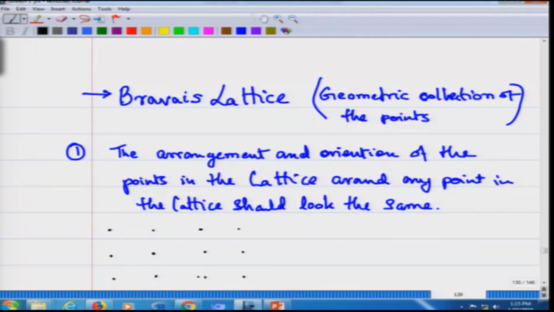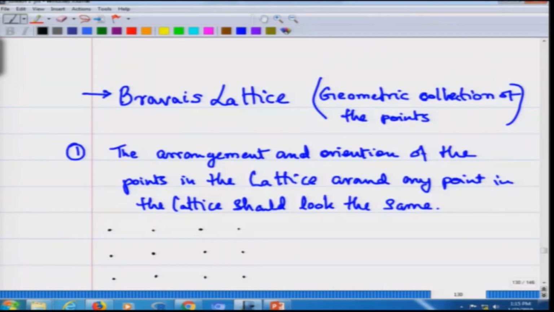If I keep on extending it, these are considered to be infinite lattices. So, I will really have to draw it as an infinite collection of these points which are periodically spaced, but the requirement to form a Bravais lattice is that they have the same configuration of points around each one.